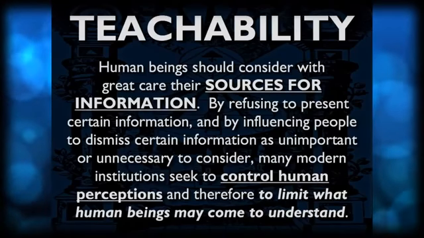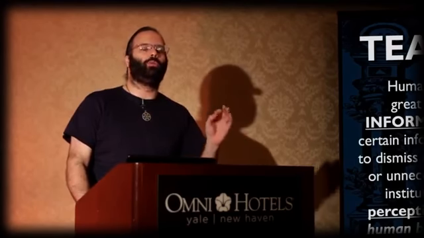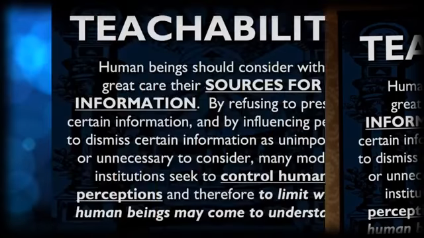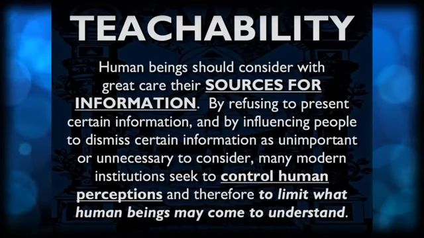And therefore, to limit what human beings may even come to understand, and by limiting what they are coming to understand, they're actually limiting what they're able to do, what they're able to change, what they're able to create in the world. So you have to be skeptical of where your information comes from.